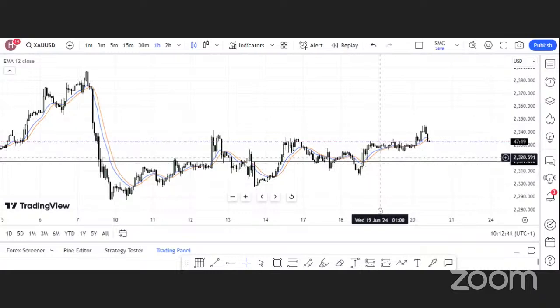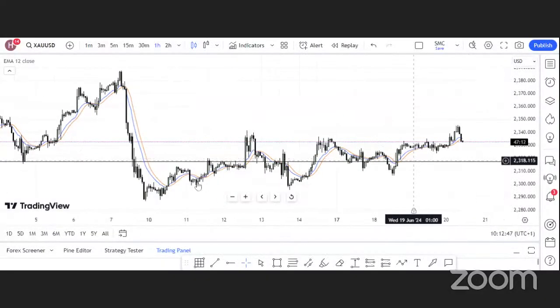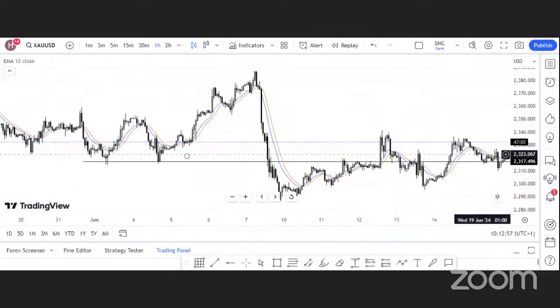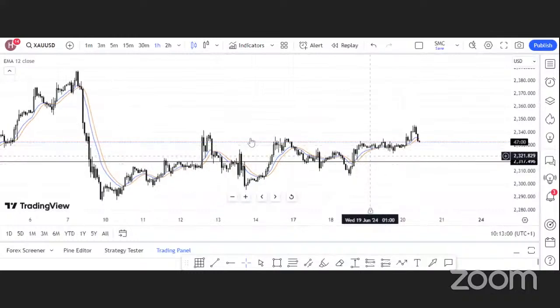So after the breakup, you see what happened, right? And then, it simply means that the level we have here, which is the support level we have here, is not a strong support, and that is why the market just keeps breaking in and out of it.